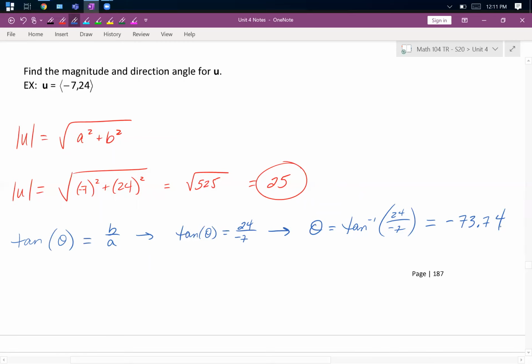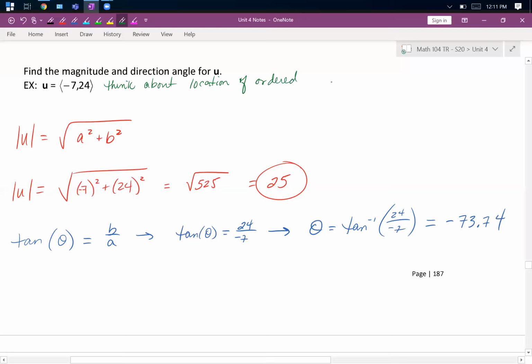-73.74. Because remember, our calculator, when it does inverse tangent, does it by definition, and it only spits us out an answer from -90 to 90. But what we need to do is think about where this vector is. We can do that by simply looking at the location of the ordered pair.